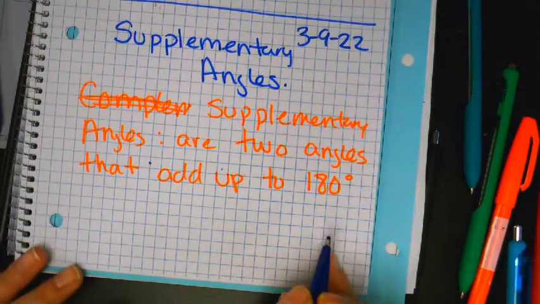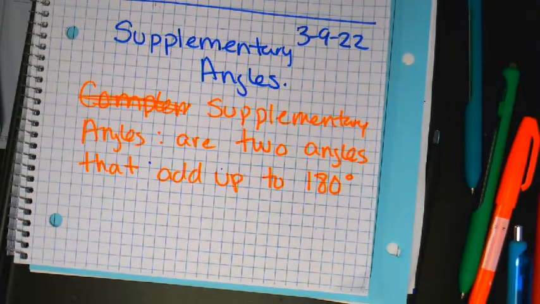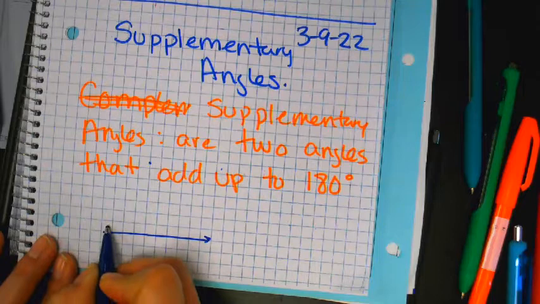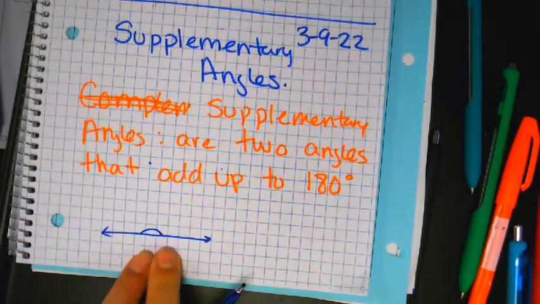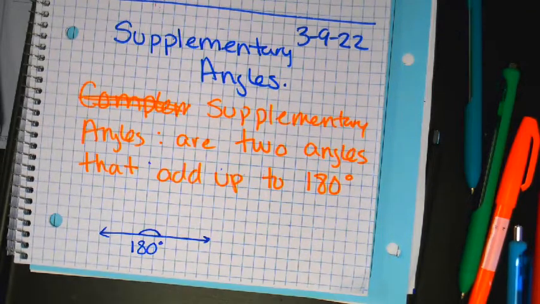So supplementary, what does 180 degrees look like? A straight line. This right there is 180 degrees. A straight line is 180 degrees.